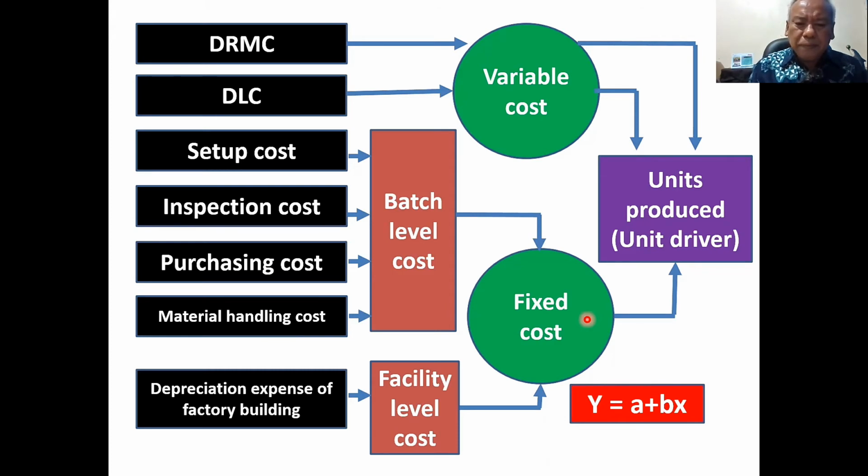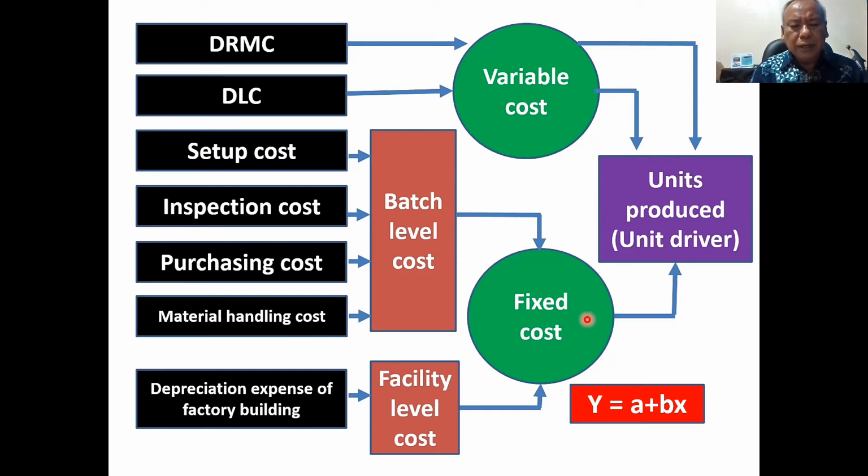So what is the weakness of this traditional cost behavior? The weakness is that our cost estimation will not be accurate, because we treat the batch level cost as fixed costs.